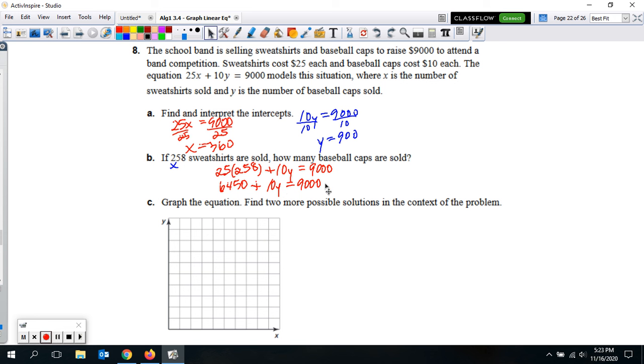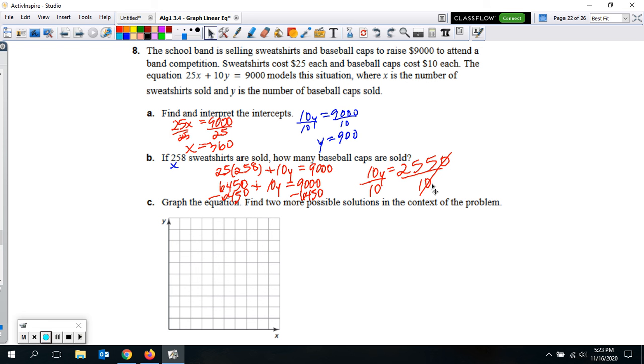Now we need to get the 10y by itself on the left side of the equation. So subtract 6,450 from both sides. Now we get 10y is equal to 2,550. We just need to divide by 10 to solve for y. When we divide by 10, we can cancel those zeros out.